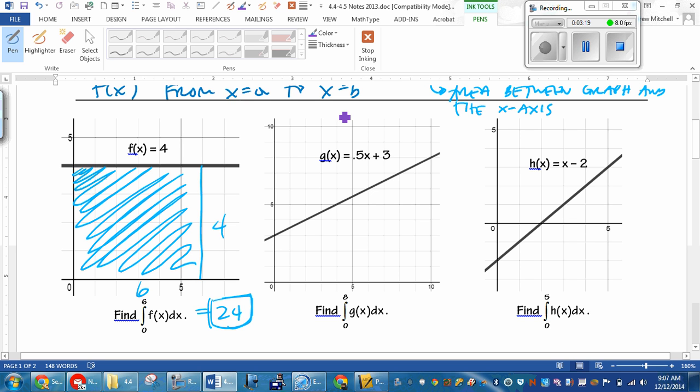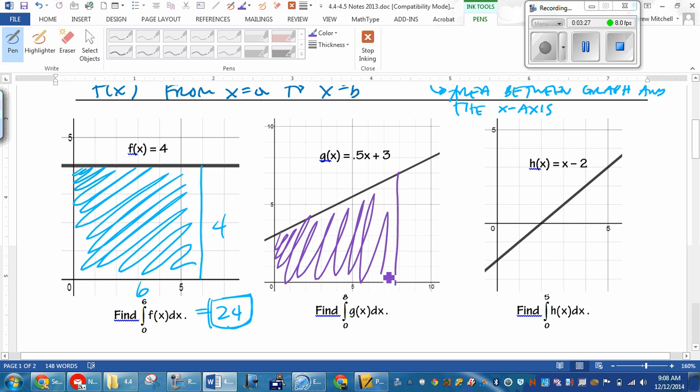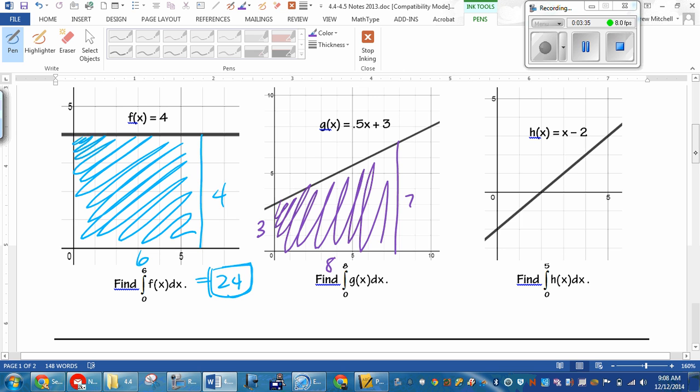Then our second one, definite integral from 0 to 8, under this line, we end up with a trapezoid. And we have one base that's 3, one that is 7, and then a height of 8. So 1/2 times 3 plus 7 times 8, we get an area of 40 for this one.